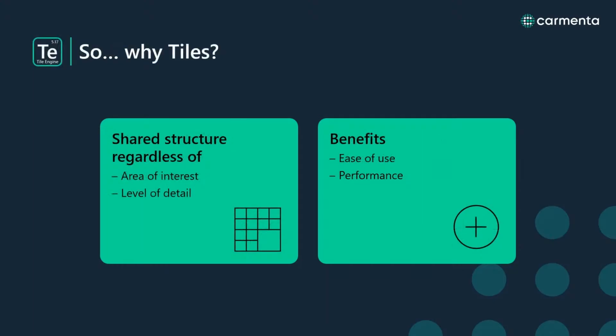So, why have we added support for the OGC API Tiles standard? The reason for this is that tiles are a very good way to exchange geospatial data. With a tiled structure for our geospatial data, we get a well-defined way of specifying a specific area of interest and which level of detail we are interested in.